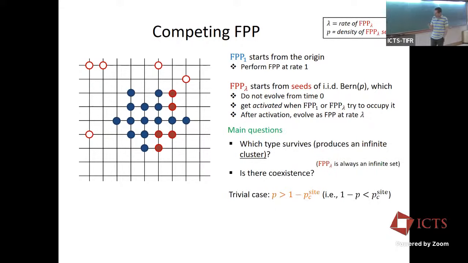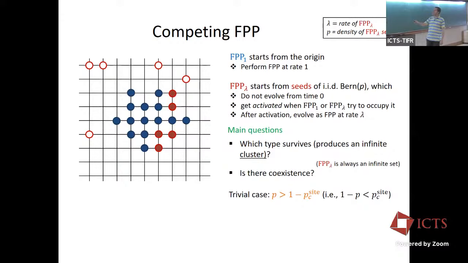And the main question I want to analyze is which types survive, and survive here doesn't simply mean grow indefinitely, as usually. Survive means produce an infinite cluster. So I require that the set occupied by the type is connected, not that the whole set is connected, but it contains a connected set of infinite cardinality for the definition of survival.